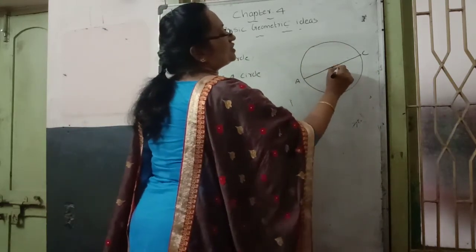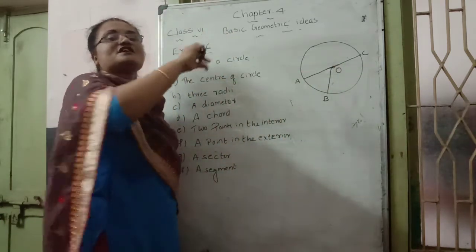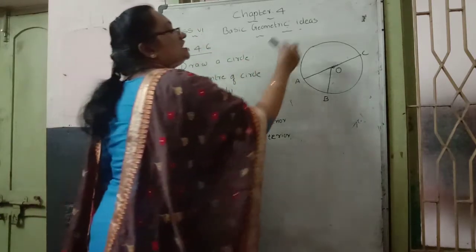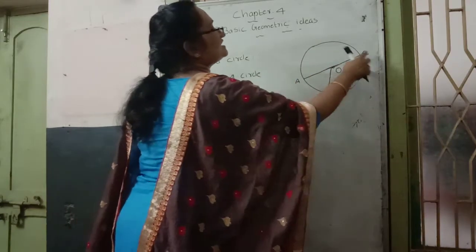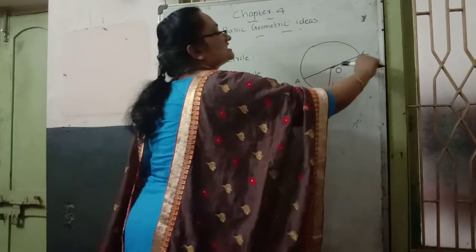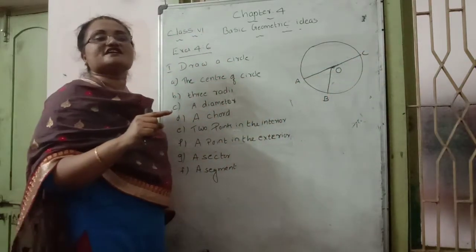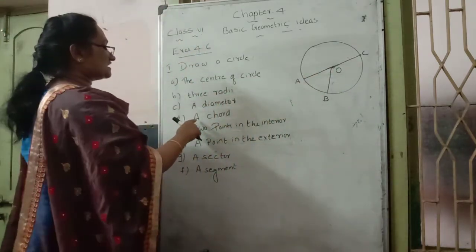O is the center of the circle. Which are the 2 points? A and C are joined by a line segment. Which is the line segment? AC. That AC line segment passes through the center of the circle. Which is the center? O is the center of the circle.